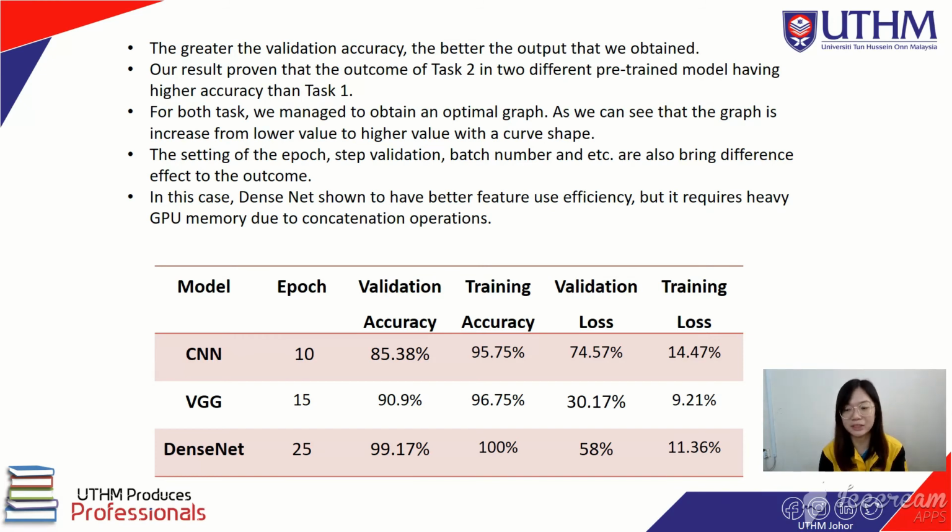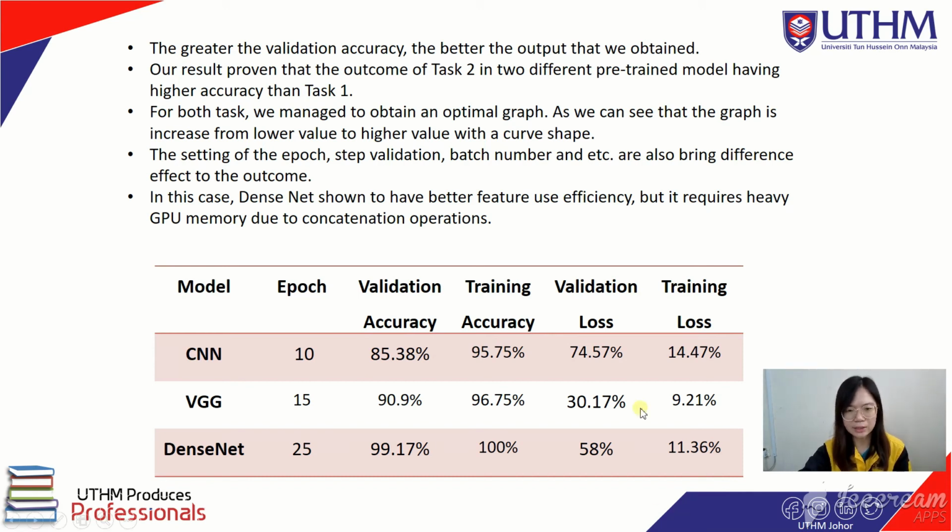And the settings of the epoch, step validation, batch number, and so on also bring different effects to the outcome, such as the higher the number of epochs, maybe it will become more stable as well. In this case, DenseNet shows better feature use efficiency, but it requires heavy GPU memory as well due to the concatenation operation.